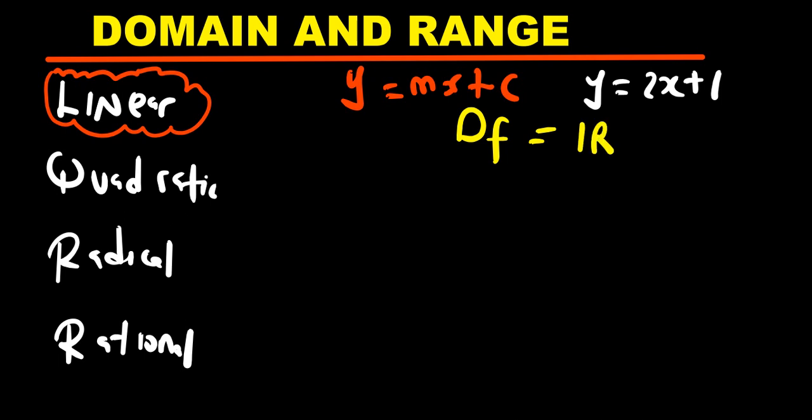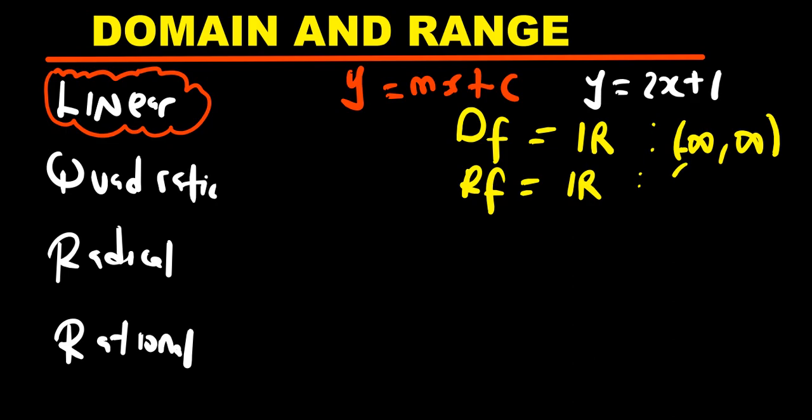Or for those who want to express it in interval notation, you want all the values of x from negative infinity to positive infinity. Very important. Then how do you find the range of a linear function? The range of a linear function will also be all real numbers, so again, from negative infinity to positive infinity.